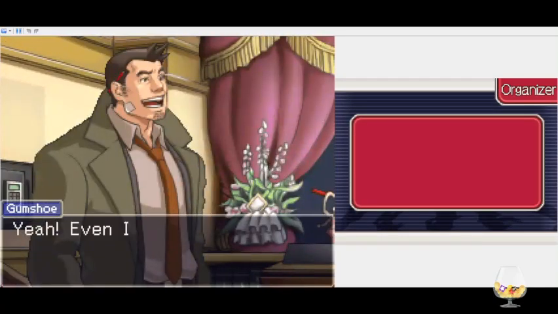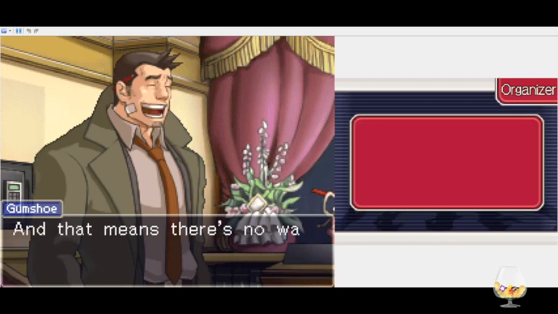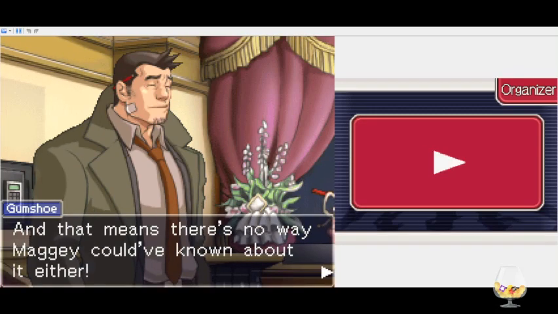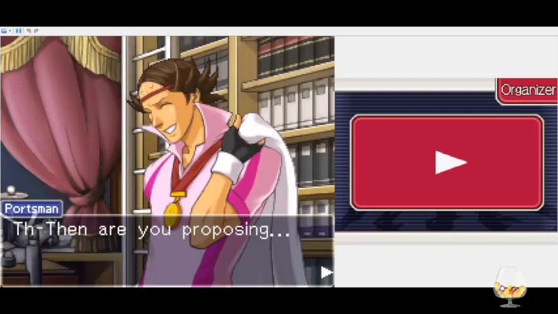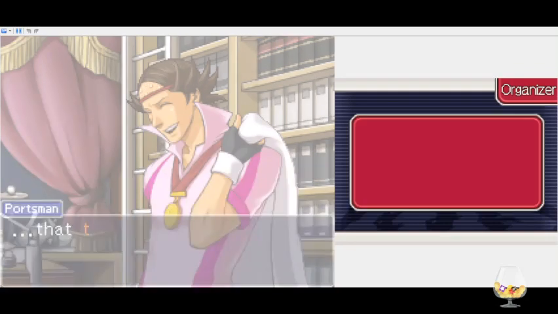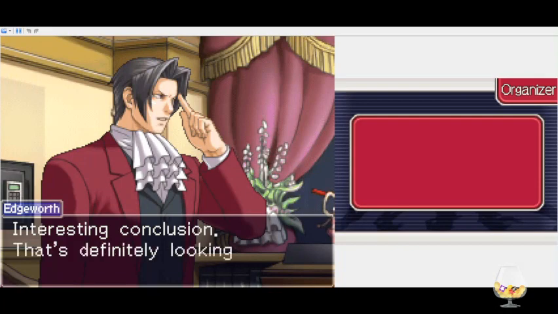Okay, good. I found the button to save. Yeah, even I didn't know about that safe, pal. And that means there's no way Maggie could have known about it either. Then are you proposing that the killer is a prosecutor? Interesting conclusion.